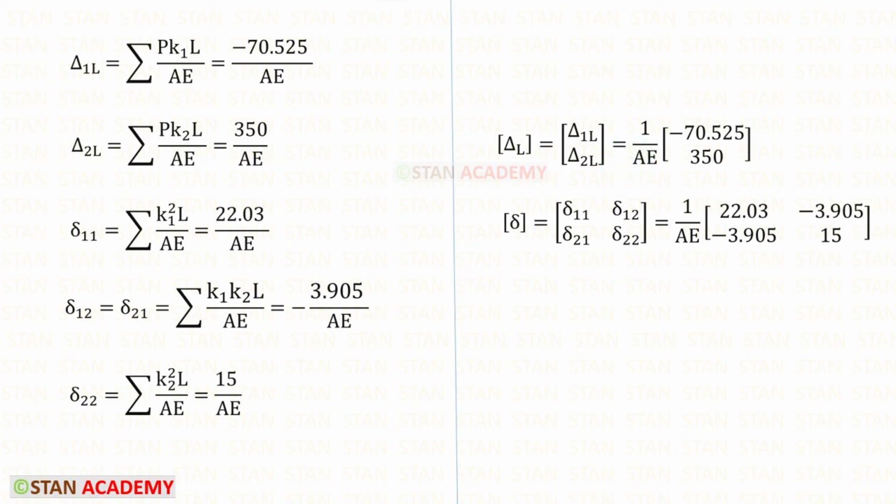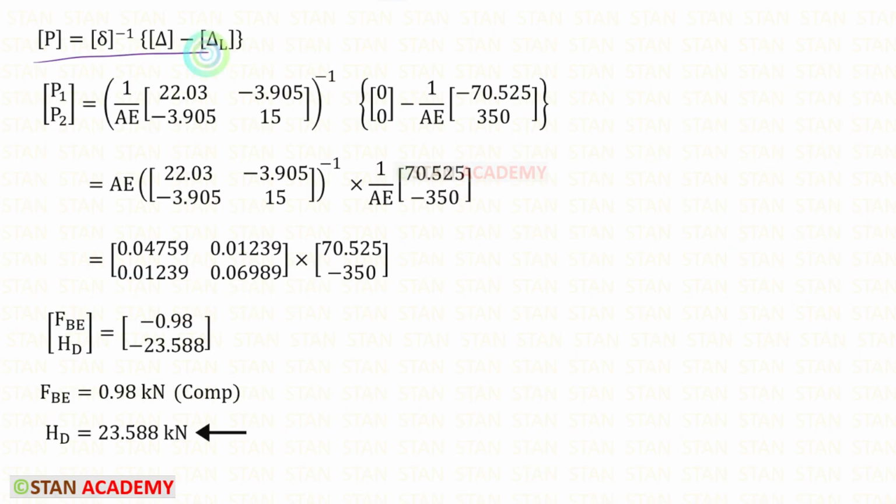Inside the flexibility matrix also, we can apply delta 11, delta 12, delta 21, and delta 22. In the formula, we have found all of the matrices. We can apply them. 1 upon AE inverse is AE. We can take that outside. This matrix minus this matrix, we will get this matrix. We can eliminate AE.